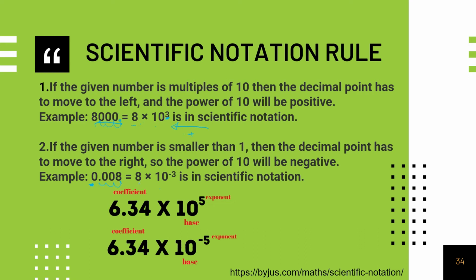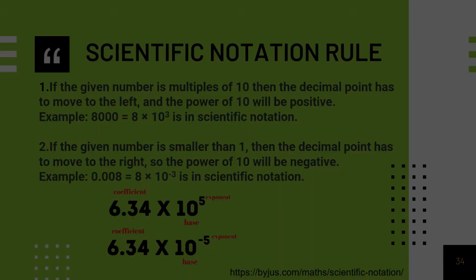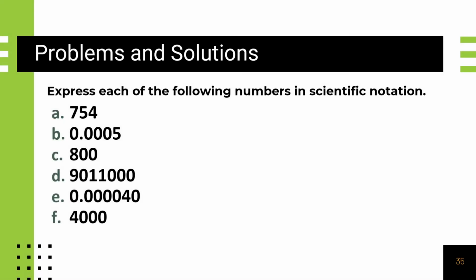Okay, kaya yan naging 8 times 10 raised to negative 3. Always remember, pag nag-move tayo pa right side, that includes negative exponents. Okay? So, ayun lang naman ang scientific notation. So, I will give you a minute in order to answer the following. You can freely pause the video.